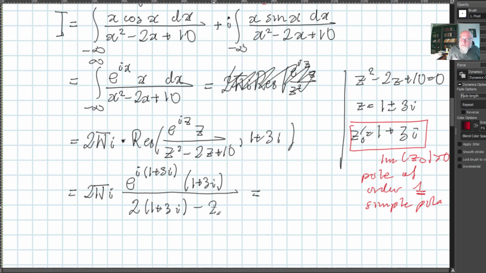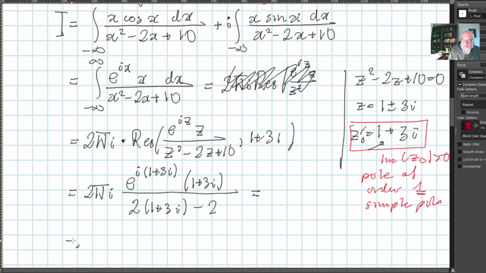If you don't remember how this was computed, I refer you to the formulas for computing residues at simple poles. You just evaluate the numerator at the value of the singularity, and in the denominator you simply take the derivative evaluated at that point.